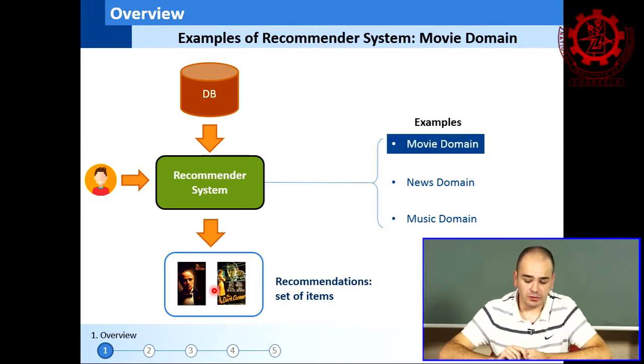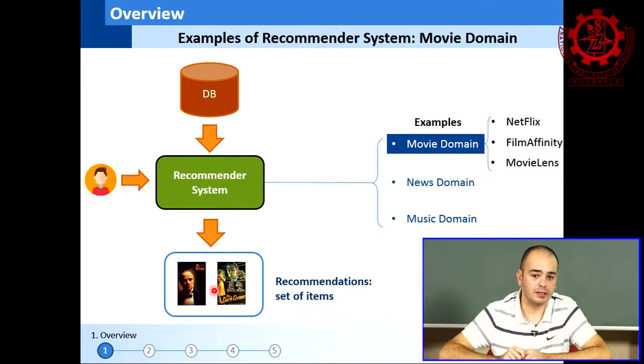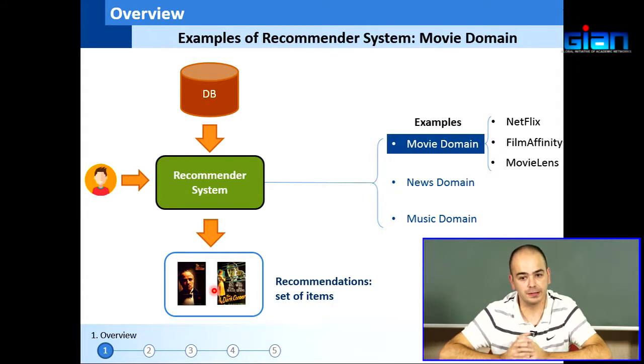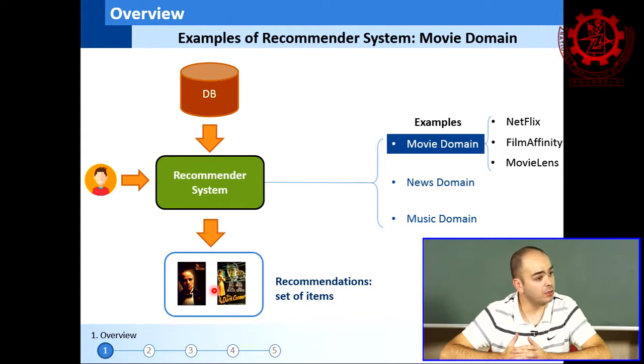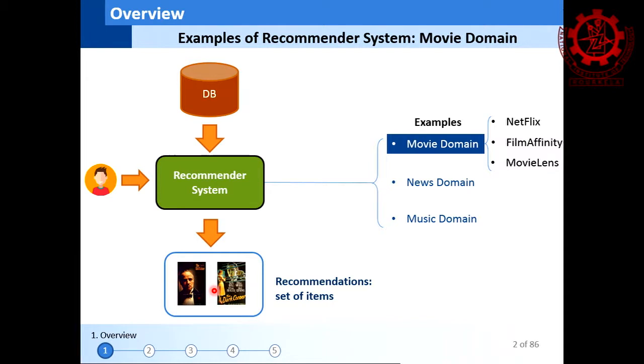In the movie domain, I will give you three examples. Two of them are very well known in recommender systems. One of them is Netflix; the Netflix Prize on recommender systems is very famous. Another is FilmAffinity, which was developed in Spain and is very famous in Spain.